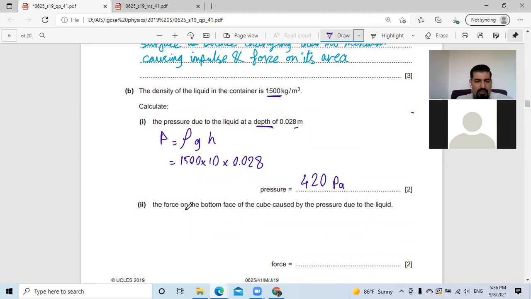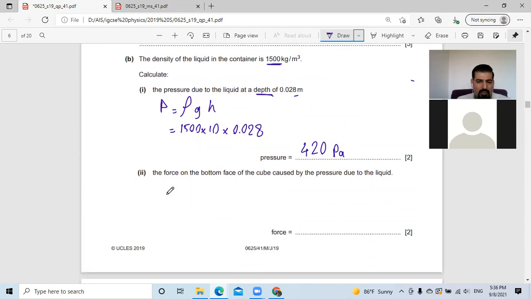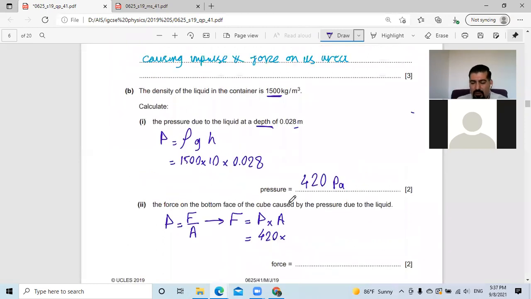Now, they ask for the force on the bottom face of the cube caused by the pressure. Now we know that pressure is equal to force over area, and they ask about the force, so that means force equals pressure multiplied by area. The force on the bottom face of the cube caused by the pressure of the liquid only. So the pressure, which is 420, multiplied by the area. How big is this area?